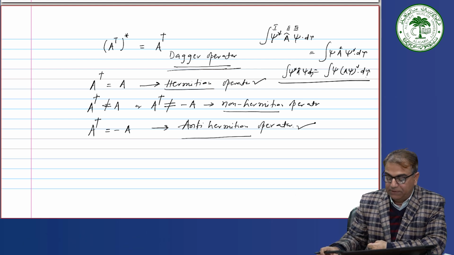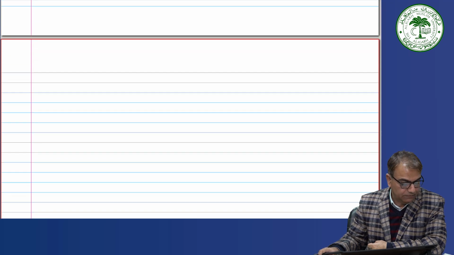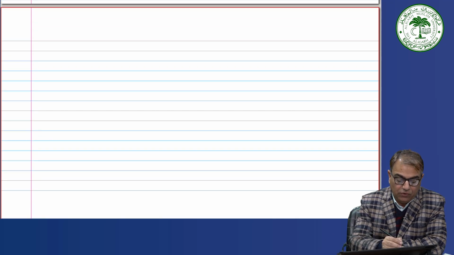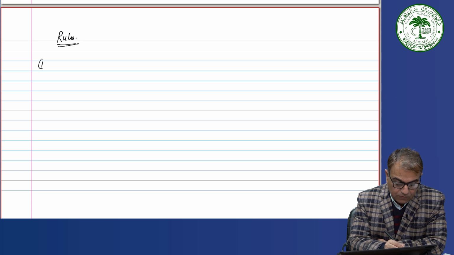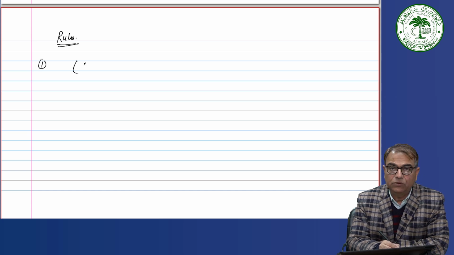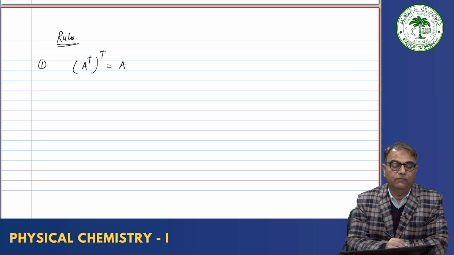Okay. So let me write those rules. Rules of the dagger operator. General rule. These rules are: the dagger of A dagger is equal to A. First rule.